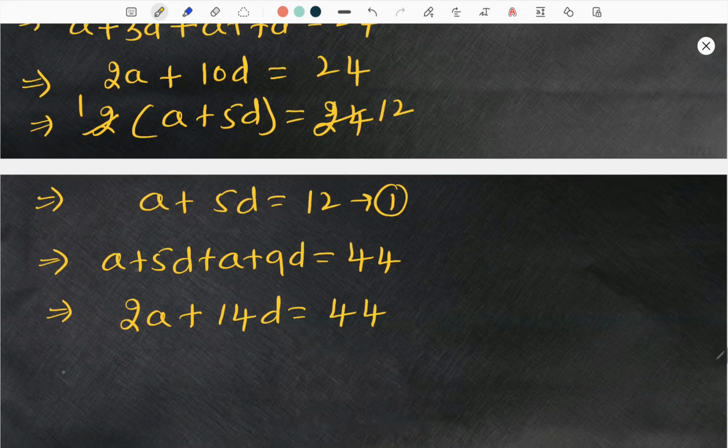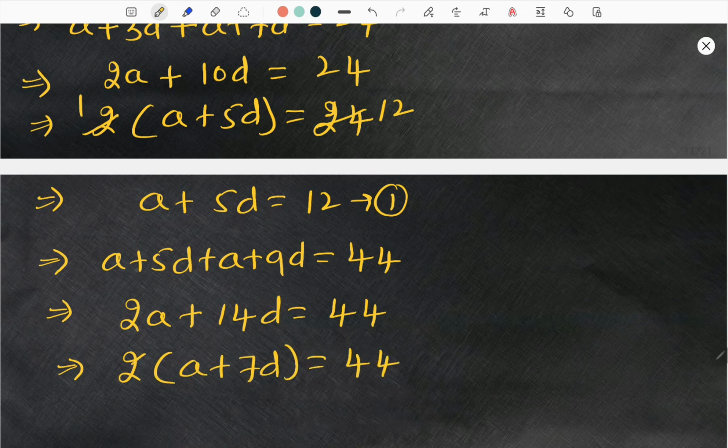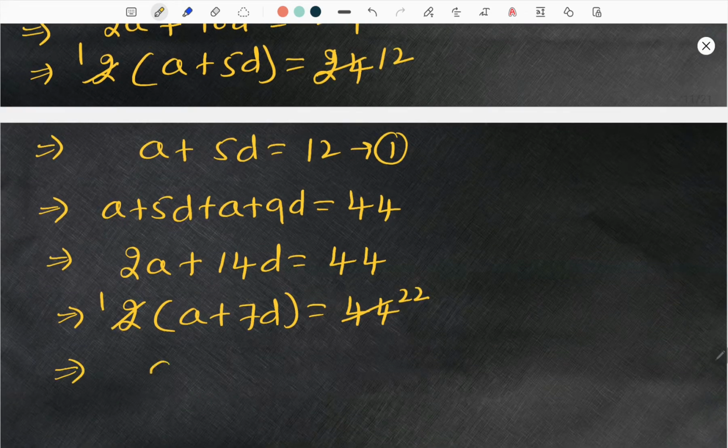And I am going to take 2 common here. If I take 2 common, what remains is a plus 7d, and that is equal to 44 divided by 2, which is 22, since 2 1s are 2, 22 2s are 44. Then I am going to have a plus 7d is equal to 22. So this is equation number 2.